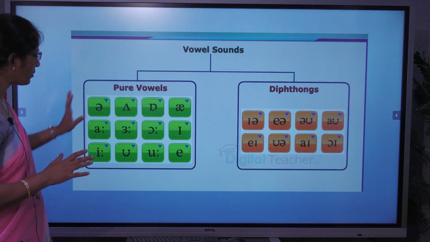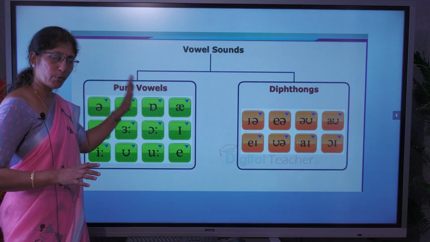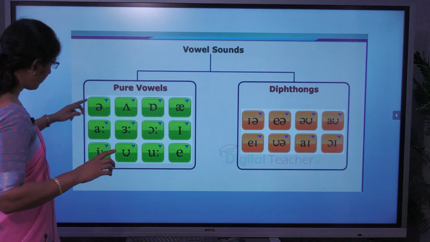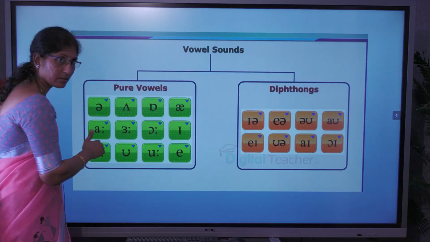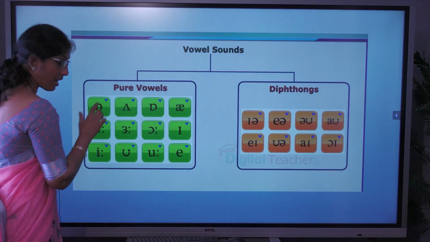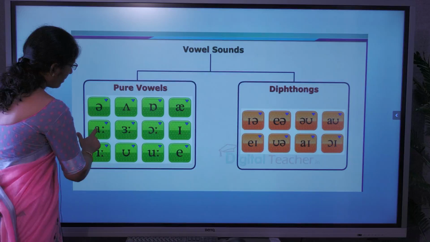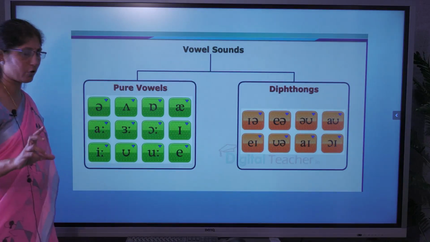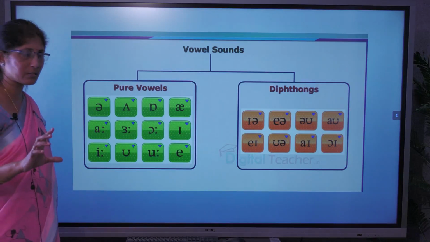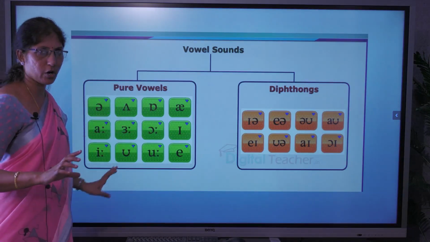We already came to know that pure vowels are 12. Let us count first these long vowels. They are small in number: 1, 2, 3, 4, 5. Five long vowels and 7 short vowels.